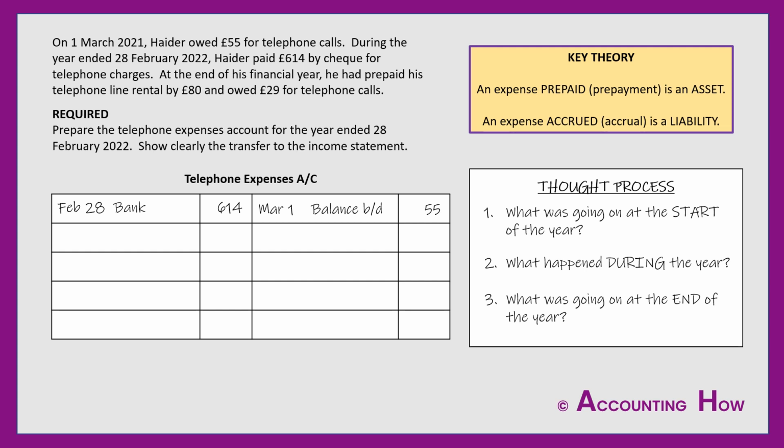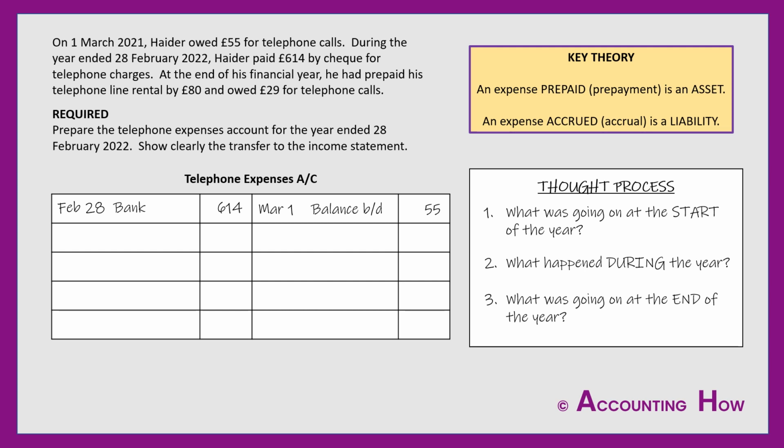And finally, I think what was going on at the end of the year, what was the situation at the end of Hader's financial year? This time I've got 2 things happening, so I'm going to take them one at a time. The first thing is, it says at the end of his financial year, he had prepaid his telephone line rental by £80. So a prepayment, we've said, is an asset.